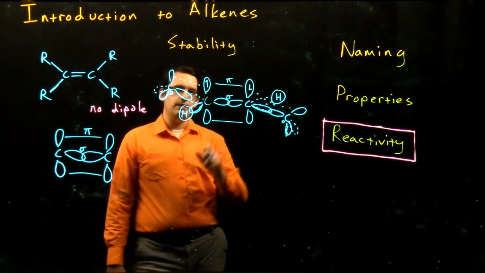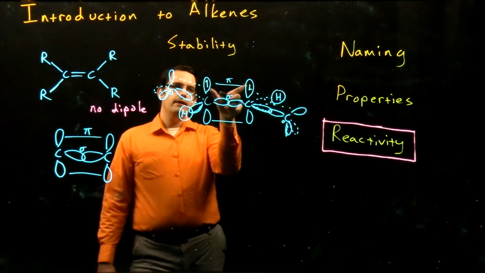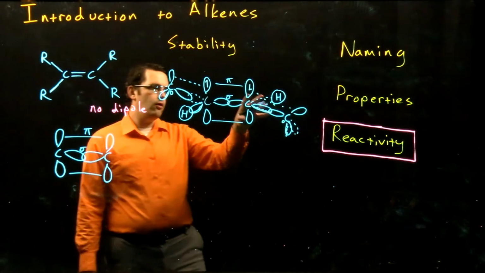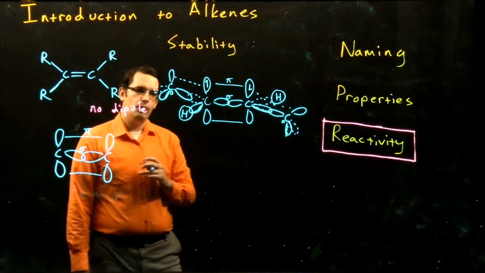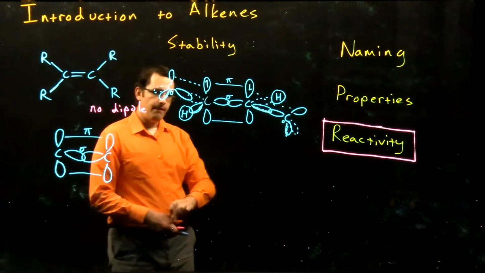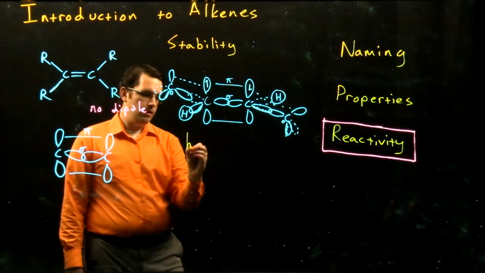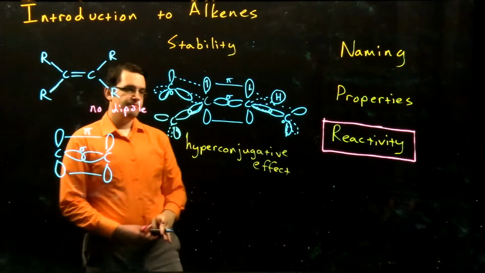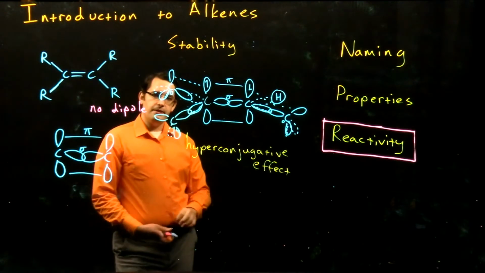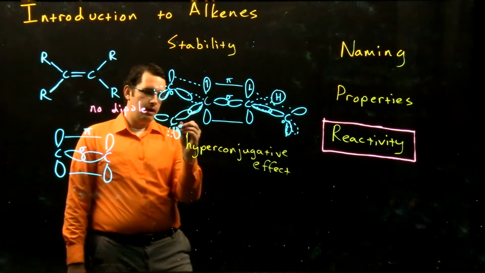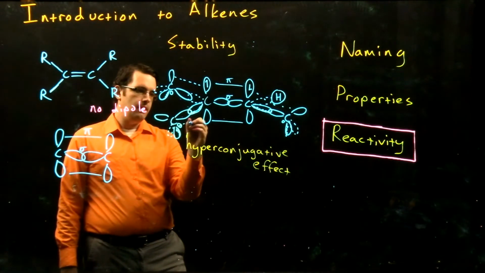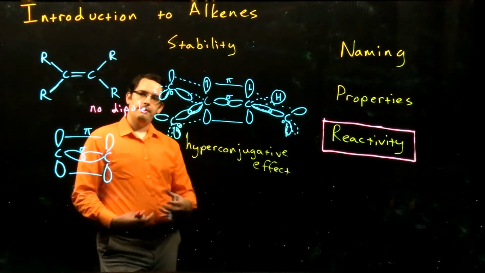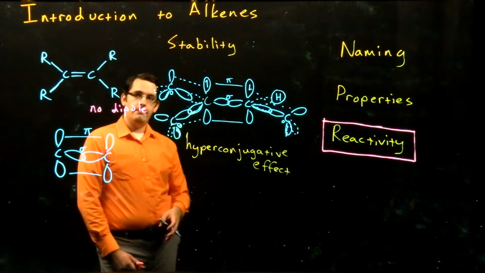Right? So I have my electrons represented by these little half arrows. These are pairing up in my p orbitals, but they can also overlap and kind of share some as well with nearby carbons. So again, this is another example of a hyperconjugative effect. If we add on additional carbons here, we're adding additional sp3 orbitals that can overlap with our p orbitals and can help to stabilize that pi bond.